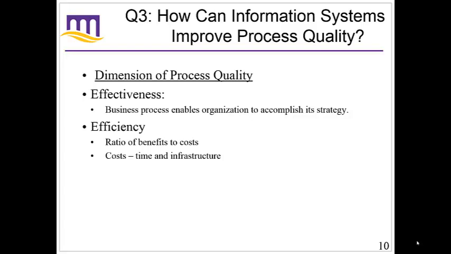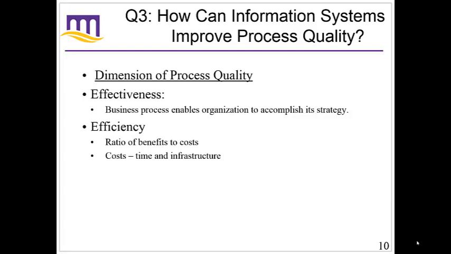So that's efficiency, and because it's very quantifiable, it's very easy to point to it and say this has been improved. What's a little bit harder to accurately judge is the effectiveness, but it's probably far more important. So this is looking at, does the business process enable the organization to accomplish its strategy?